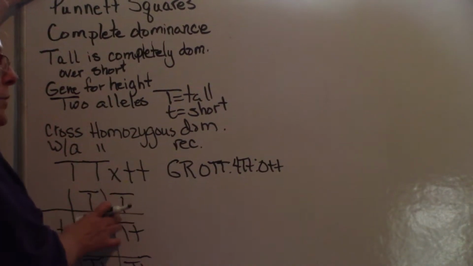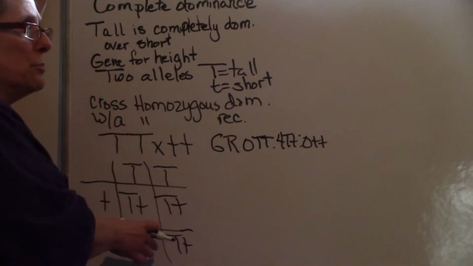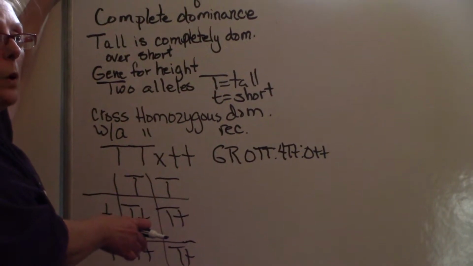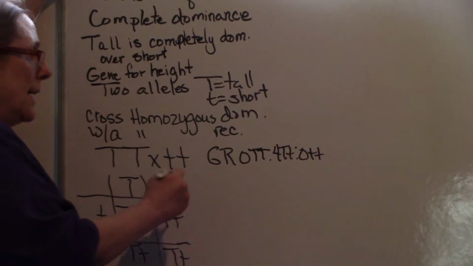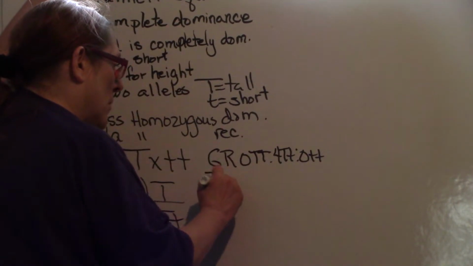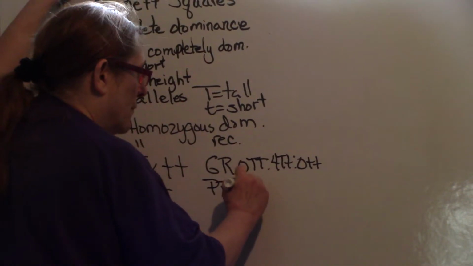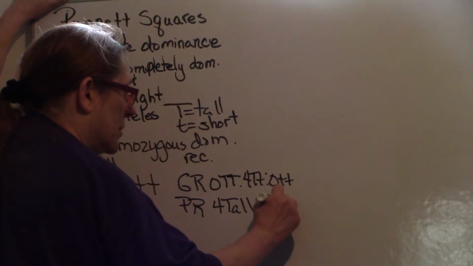So if Mendel did this cross and he had 200 offspring, all of them would be tall. Okay? So 100%. In fact, the phenotypic ratio, P for phenotypic, 4 tall to 0 short.